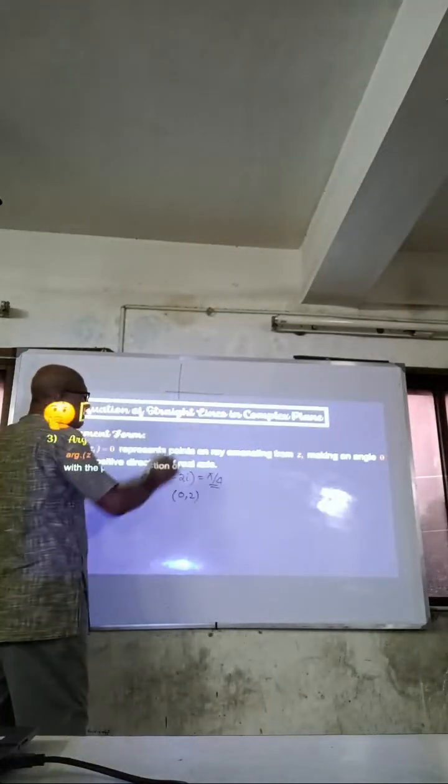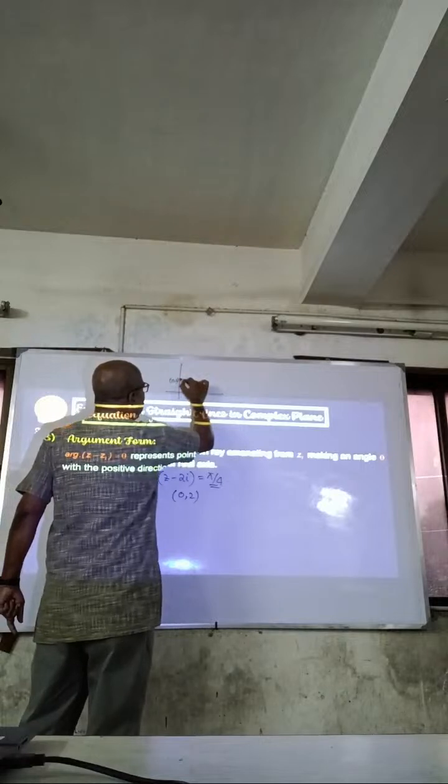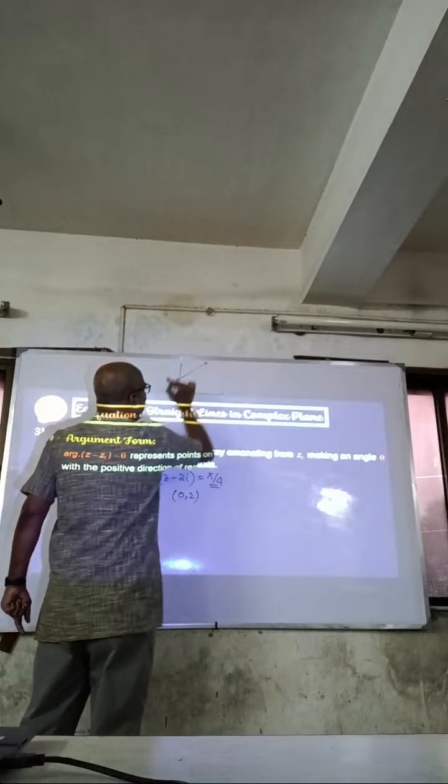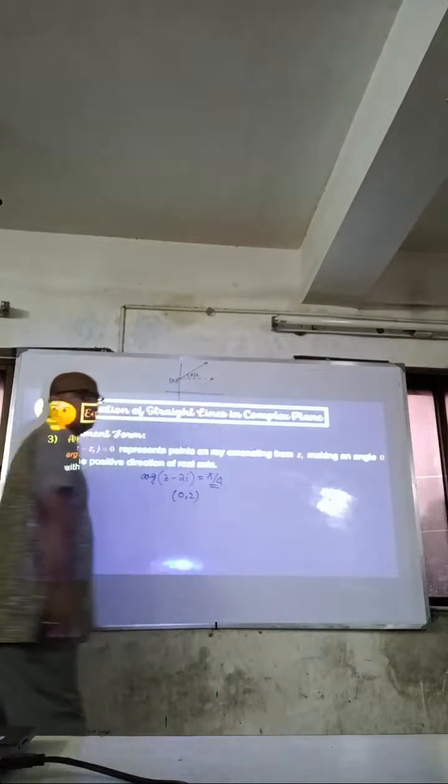Say this point is 0,2, so এখান থেকে একটা রে এমিনেট করছে এবং এটা কত ডিগ্রি অ্যাঙ্গেল করছে? It is pi by 4 with the positive direction of the x-axis.